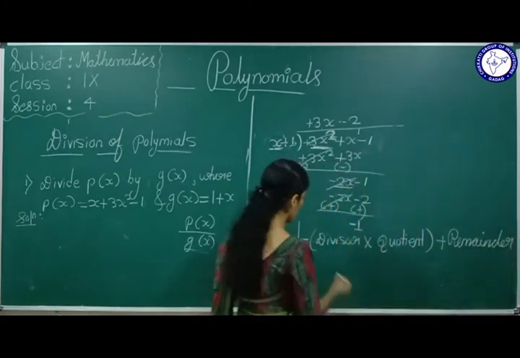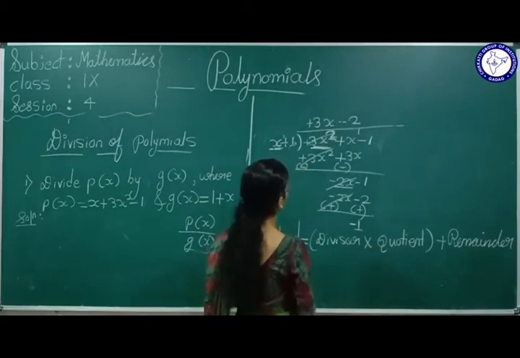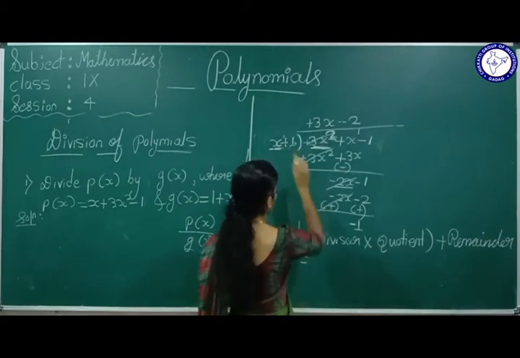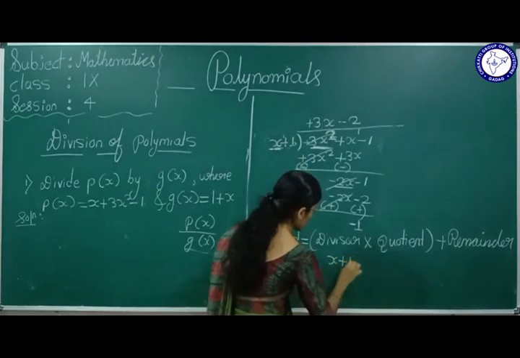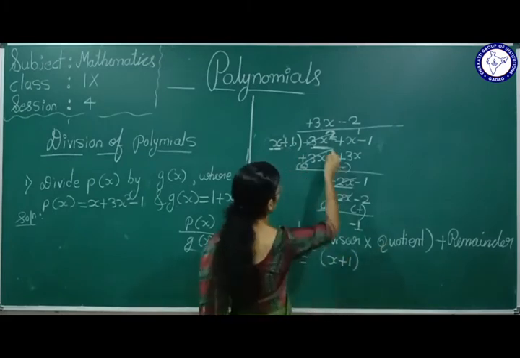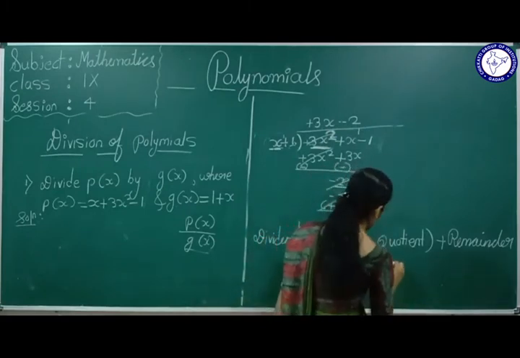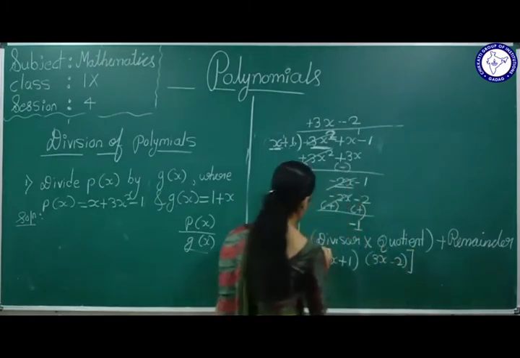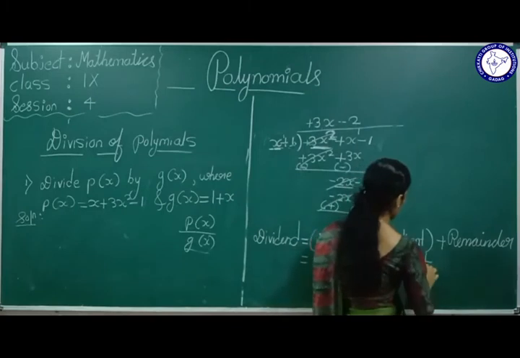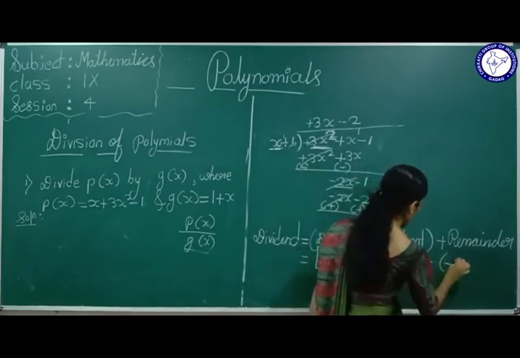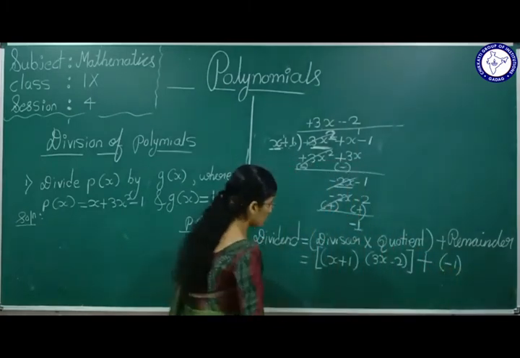So what is the divisor? The divisor is x plus 1. What is the quotient? It is 3x minus 2. These two we have to multiply. Plus what is the remainder? The remainder is minus 1. Now simplify these.